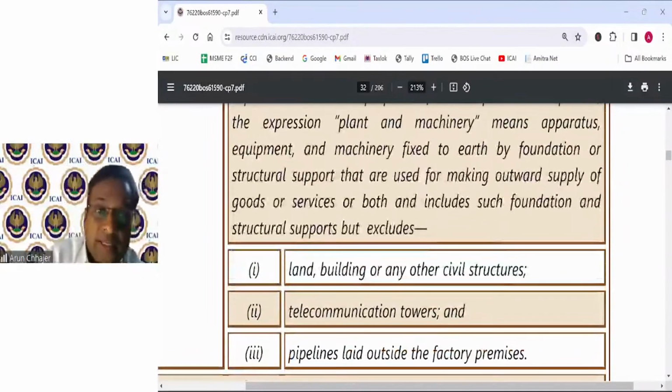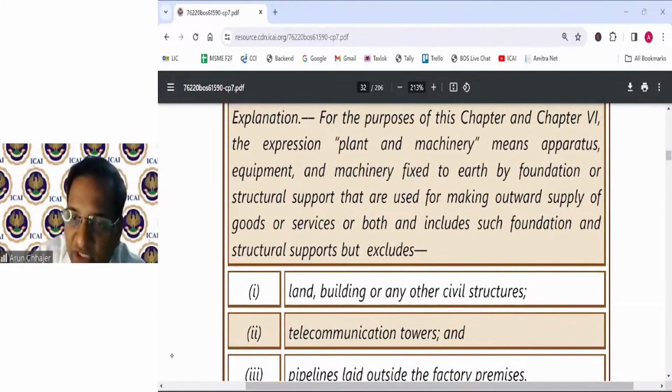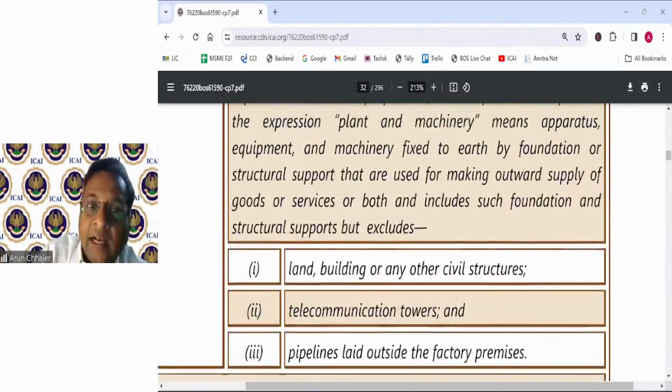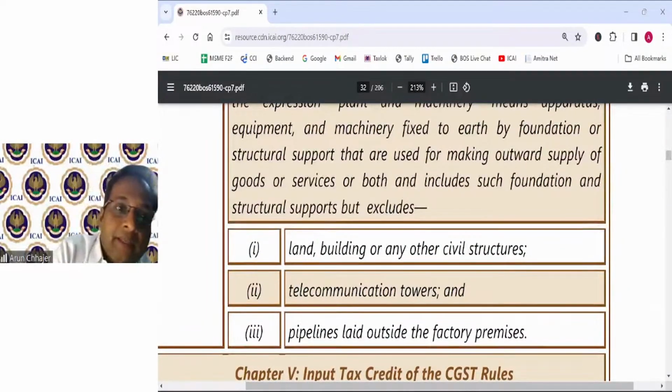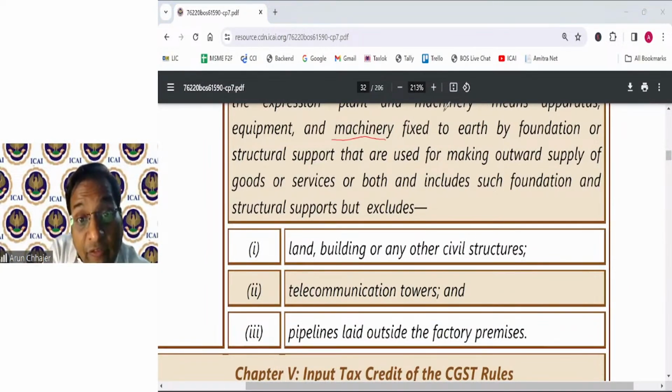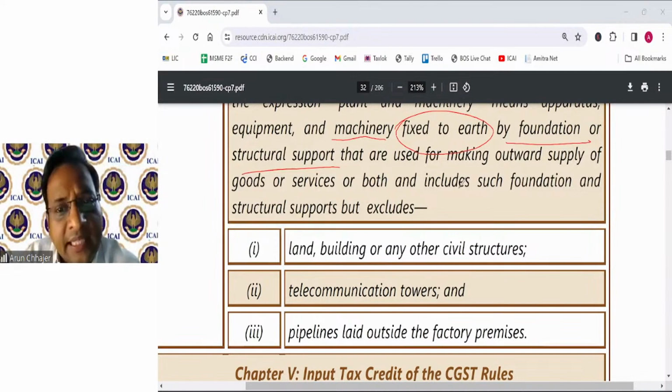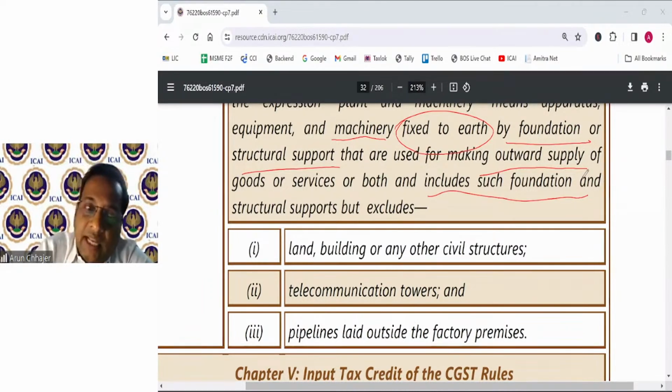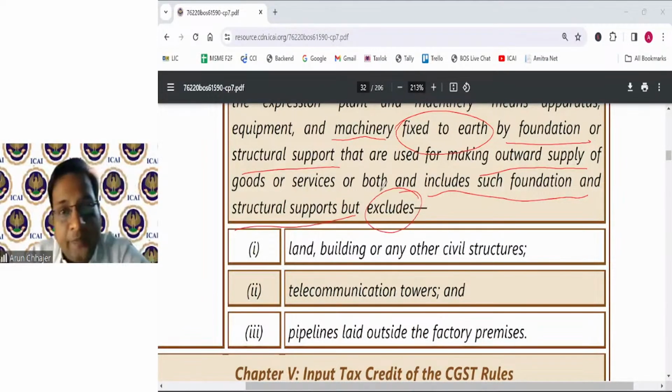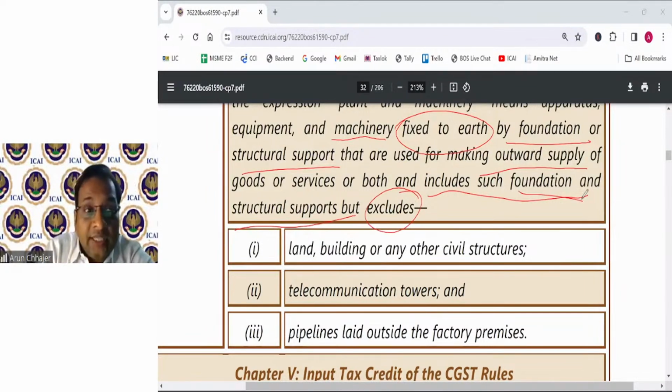The explanation is important for the purpose of this chapter and chapter 6. The expression plant and machinery means apparatus, equipment, machinery, which is fixed to earth by foundation or by structural support, that are used for making outward supplies, and includes such foundation and structural support but excludes civil structure.